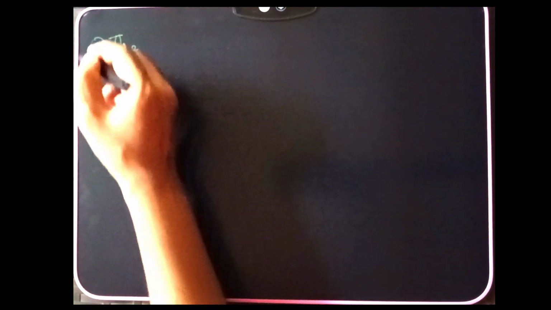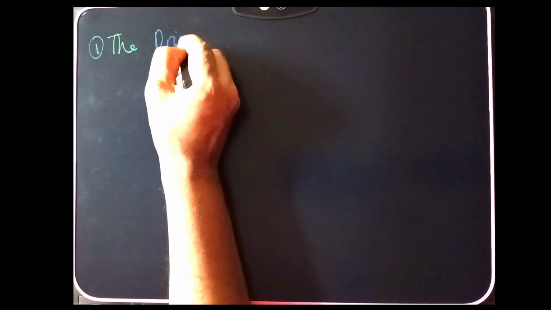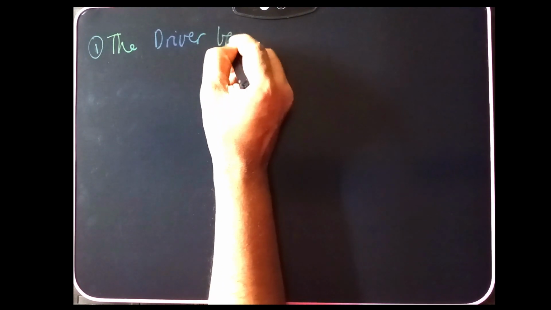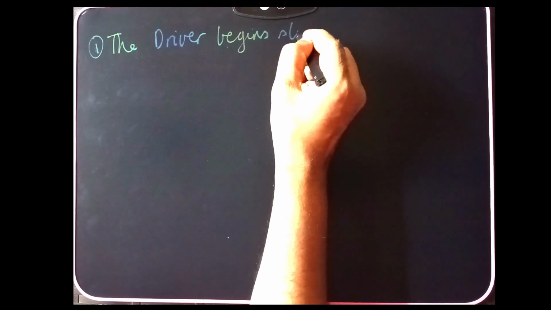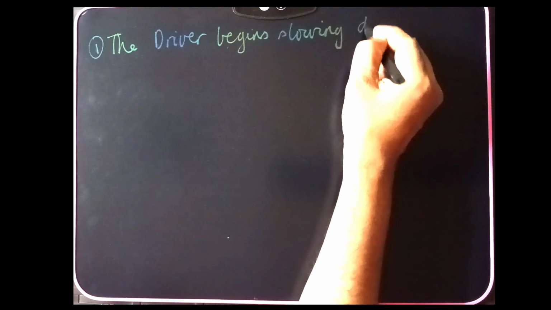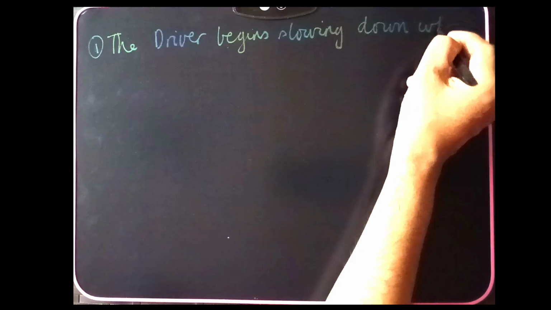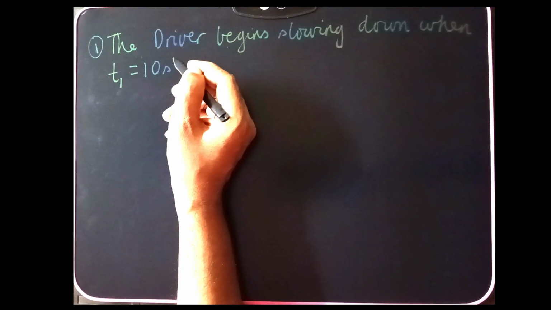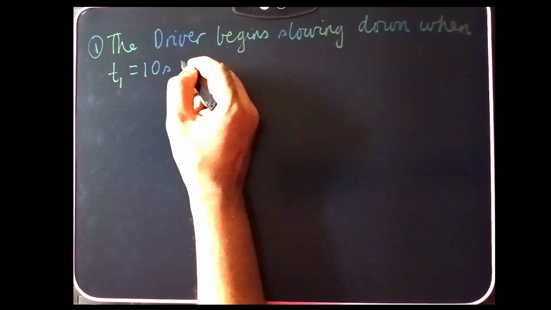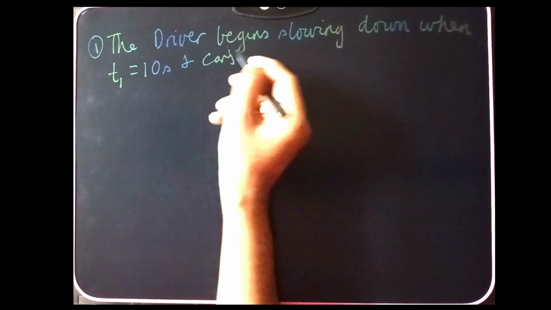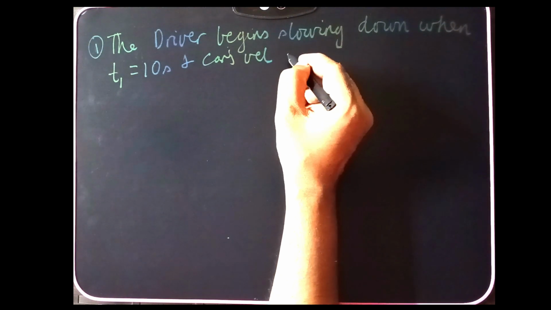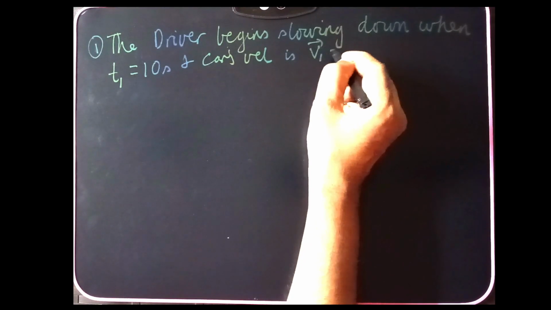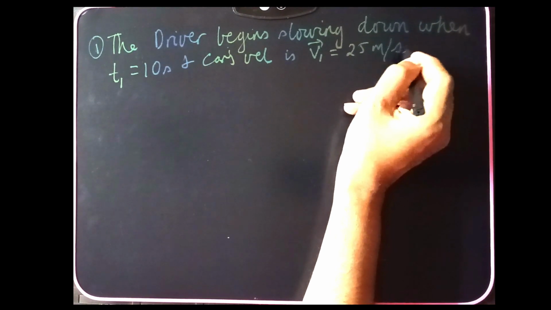The first problem. The driver begins slowing down when t1 is equal to 10 seconds, and the car's velocity is v1 equal to 25 meter per second.